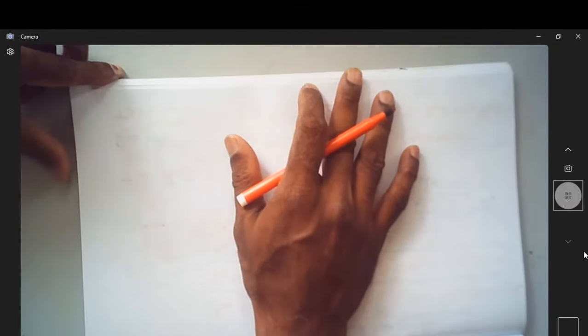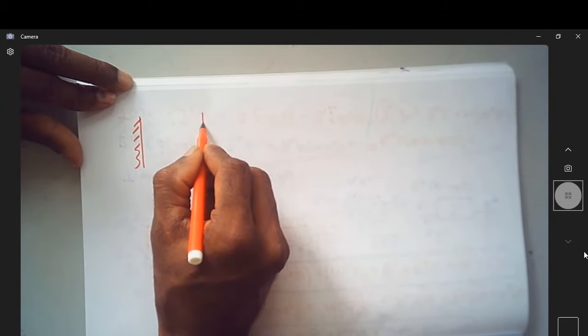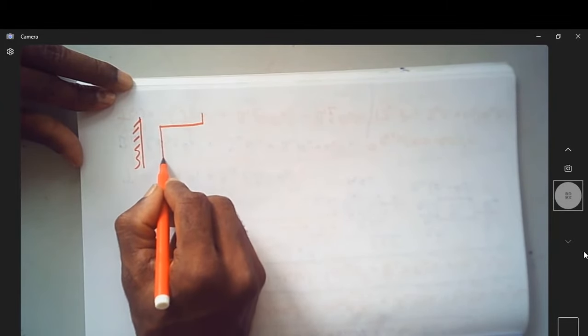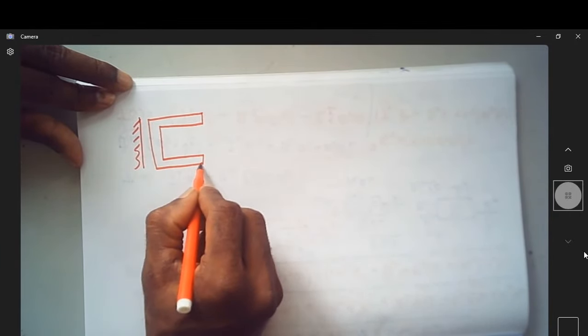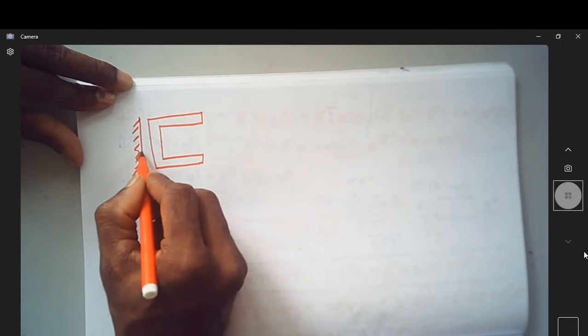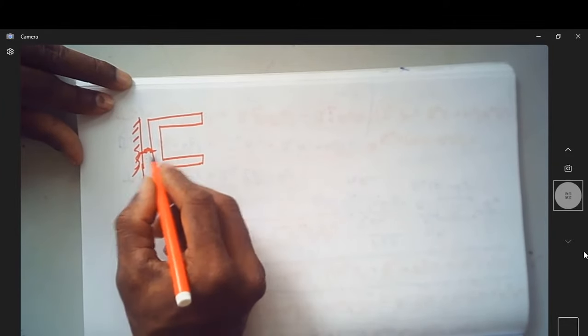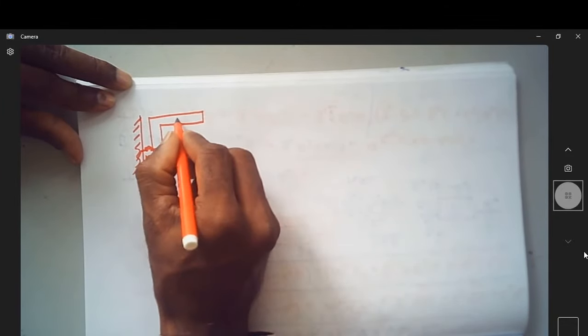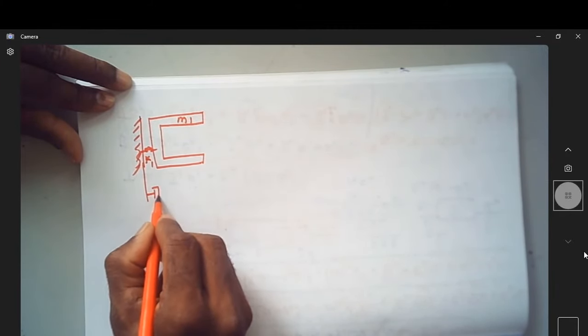Maybe you can try a few examples. Just think of writing it for this: assume that there is a friction here and a spring constant, let us say K1, and let us say this is M1, and let us consider there is a friction.